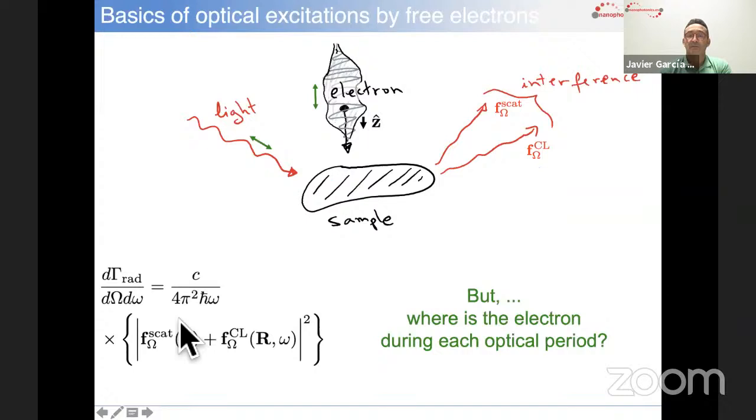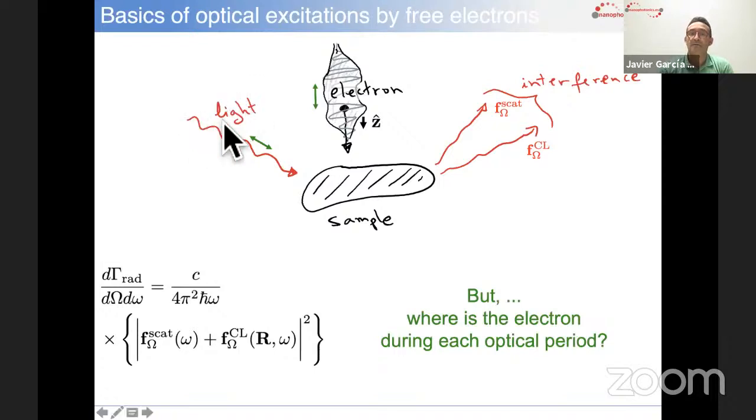But where is the electron during each optical period of the light? So typically, an electron is not going to be a point charge. It's going to have a wave function that can extend over maybe hundreds of femtoseconds, or even more.